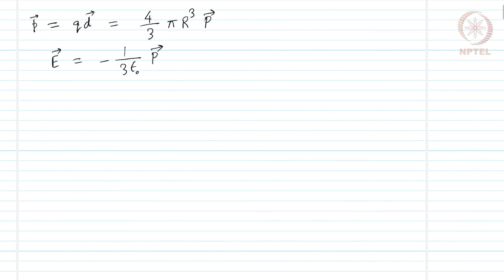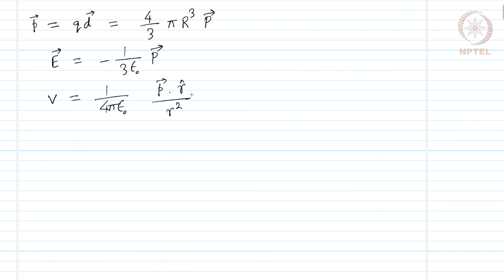And the corresponding potential outside the sphere would be 1 over 4 pi epsilon naught P dot r cap over r squared. So d is very small and it is some fraction of the atomic radius, if we consider that the electron cloud of the atom is getting shifted, and think along that line.